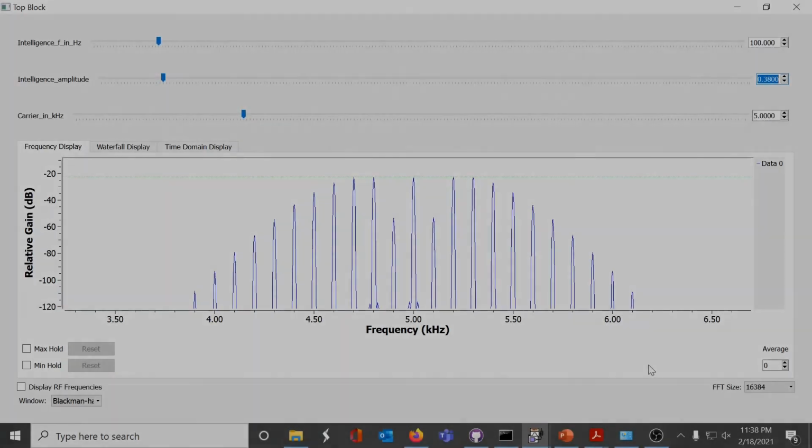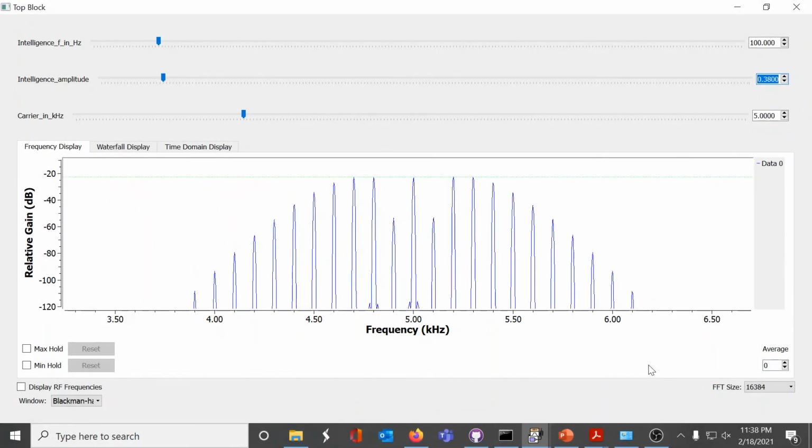As always, we're concerned about the bandwidth of the transmissions. One of the questions you might be asked is, what is the bandwidth given the number of sideband pairs and the modulating frequency? In this particular example, there are 11 sideband pairs. So here's the carrier. First, second, third, fourth, fifth, sixth, seventh, eighth, ninth, 10th, 11th.